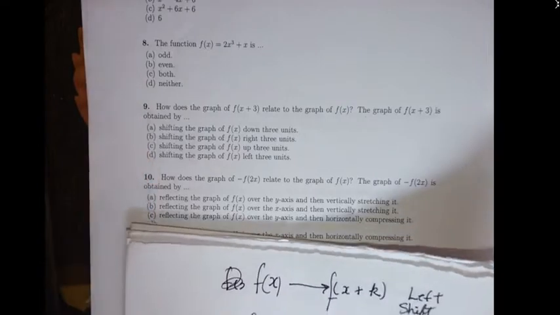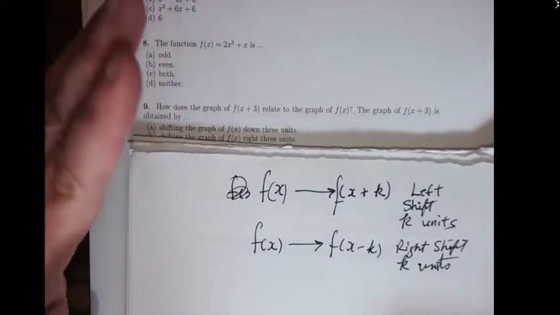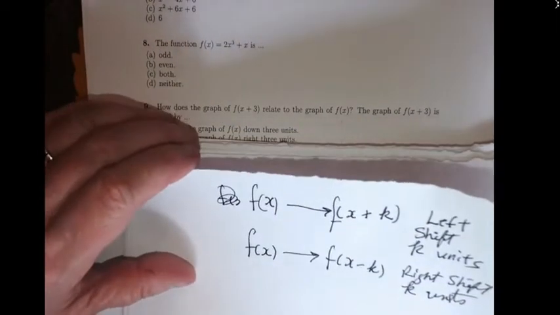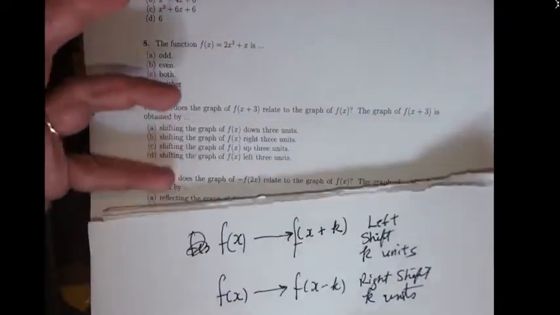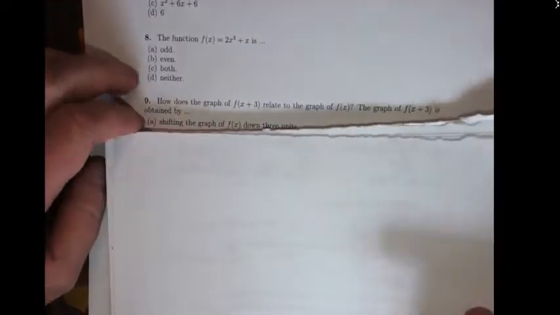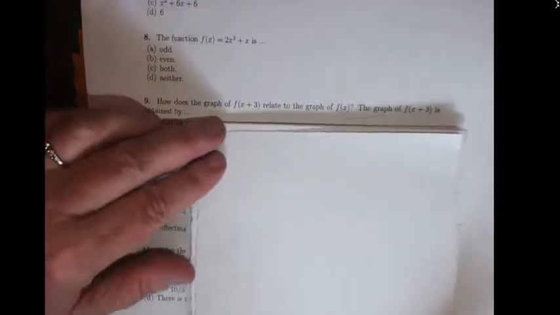Okay. So you don't want to get these mixed up with horizontal and vertical shifts. Now I can tell you that the one this year has both of them together. And there's a graph, and so maybe the one in 2017 is more.